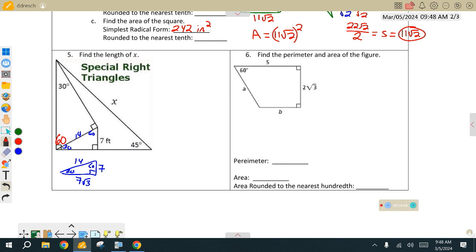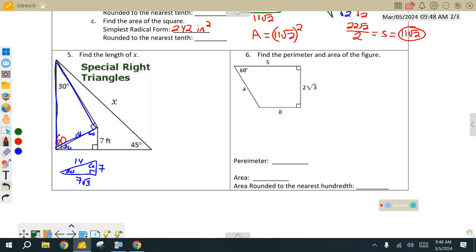Because that 14 and that big 30-60-90 triangle is part of this big triangle. So as I'm looking at this big triangle now, that I've highlighted in blue, that 14 you just found is across from the 30, which is what we always want.